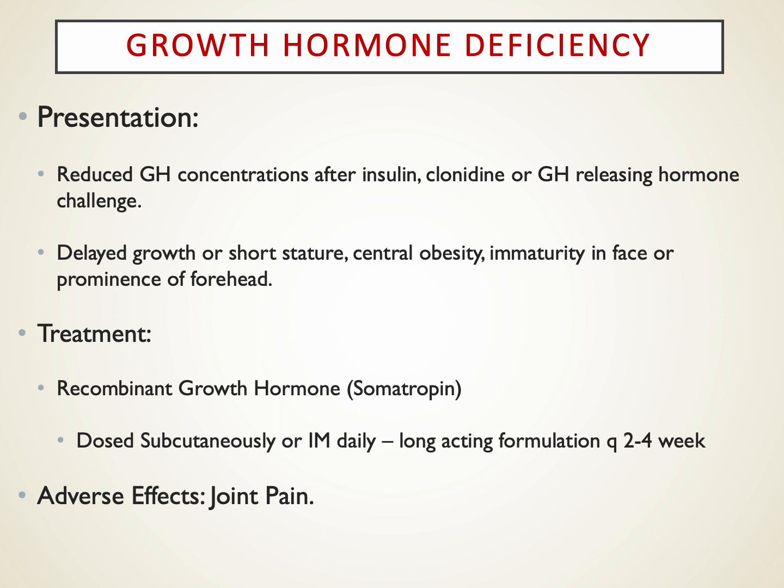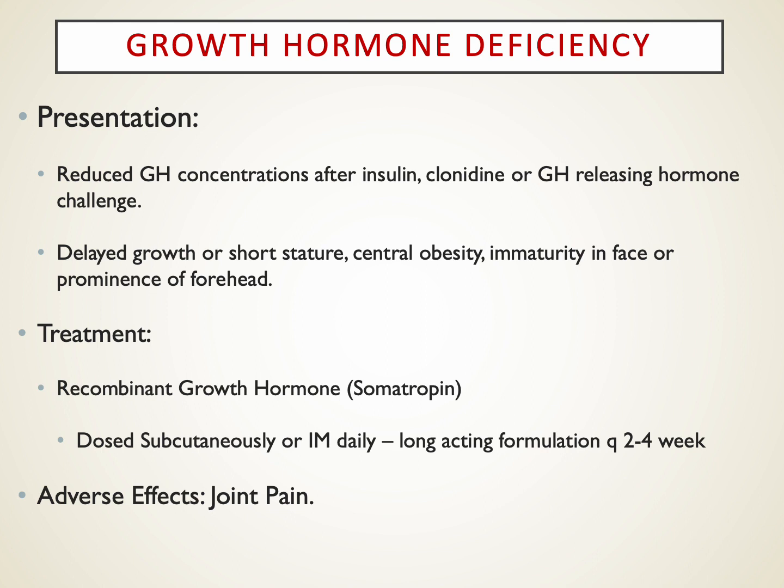For patients who have a growth hormone deficiency, typically this would present with reduced concentrations after a challenge with insulin or clonidine, or maybe a growth hormone-releasing hormone challenge. Most often this is going to be identified in family practice or in pediatrics.